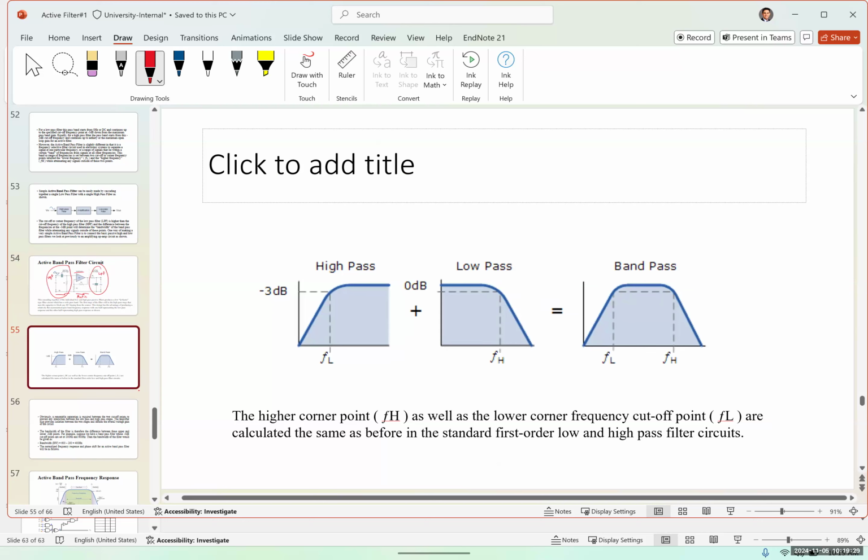The response looks like this. You have the high pass half and the low pass half, and when you combine them together, you're going to have a band pass. And FH and FL are calculated using the same equation that we had: F equals 1/2 pi RC.